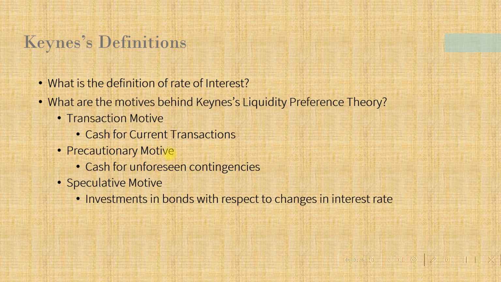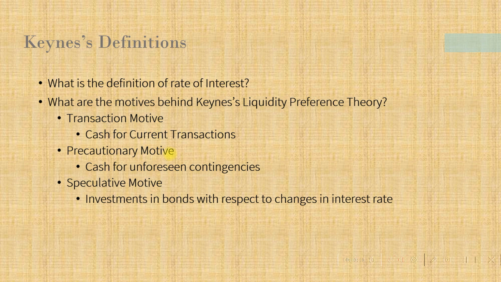The more income they get, the more they hold on to cash. That is as per Keynes. And it is not at all interest elastic. This would mean the amount of money held under these two motives is purely a function of income earned by individuals, business or the enterprise.